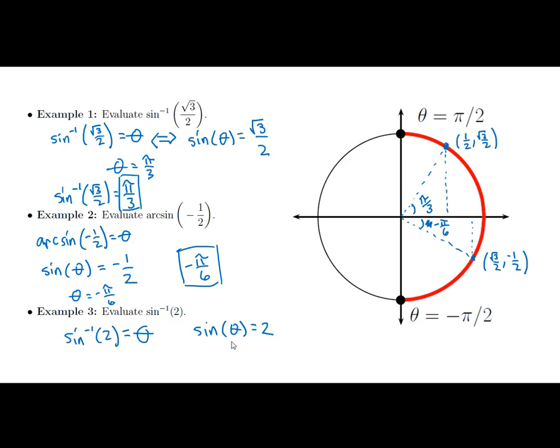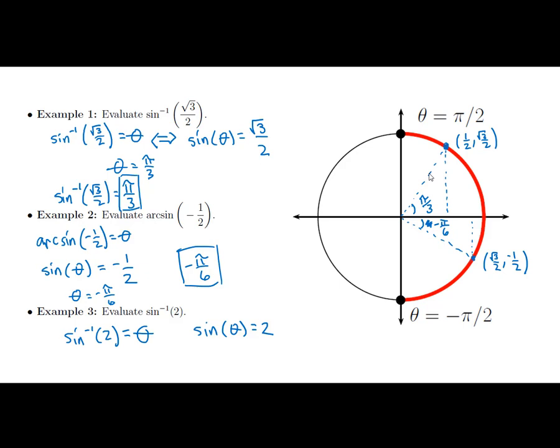Now that should make us pause for a moment. The sine of theta equals 2. Is that even possible? Let's remember that sine is always between negative 1 and 1, right? So you could never get on this unit circle a y value that's more than 1. And think about the graph of sine.